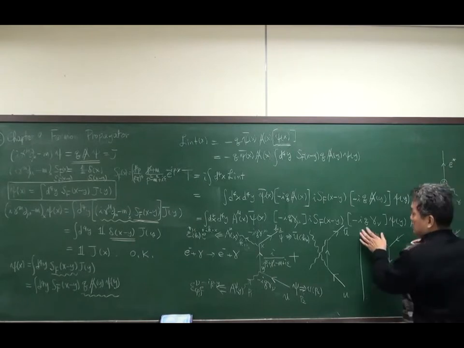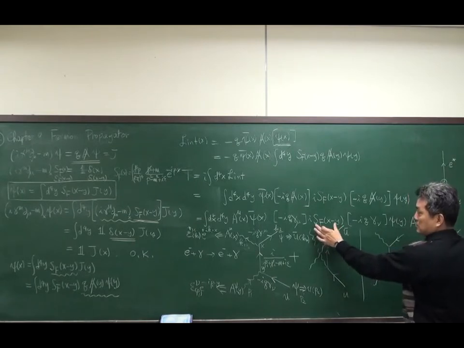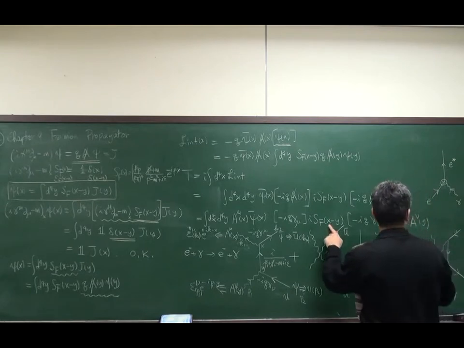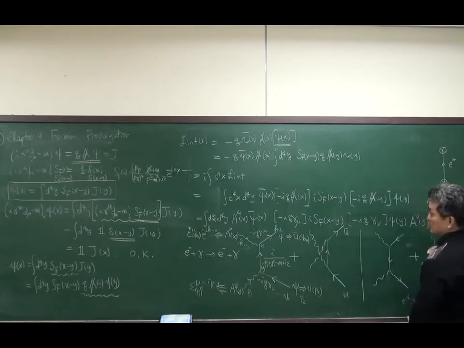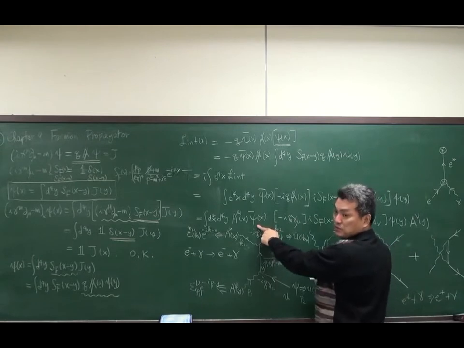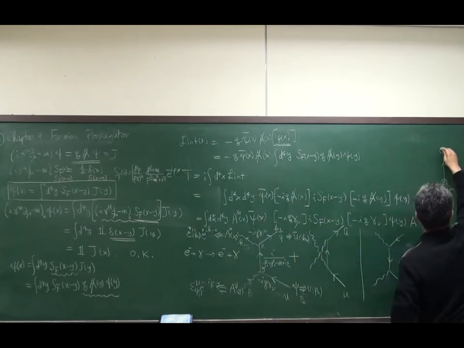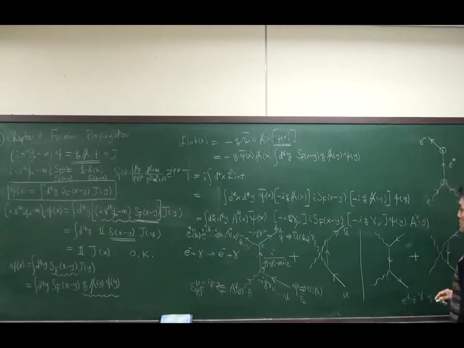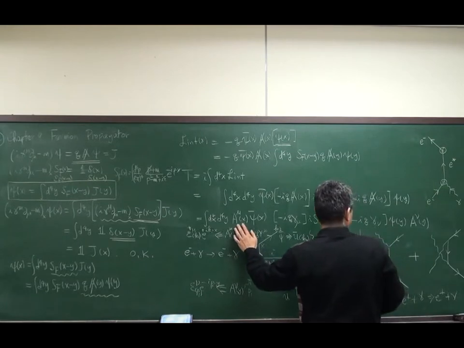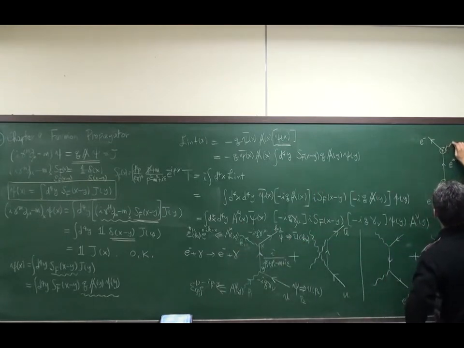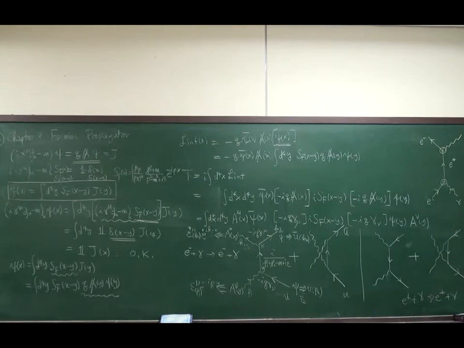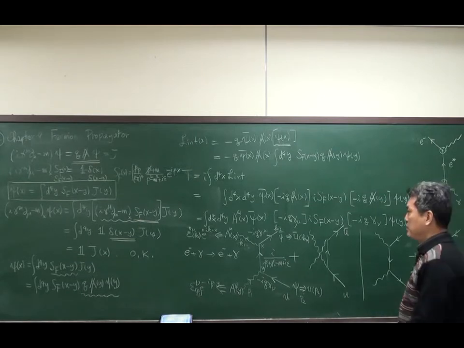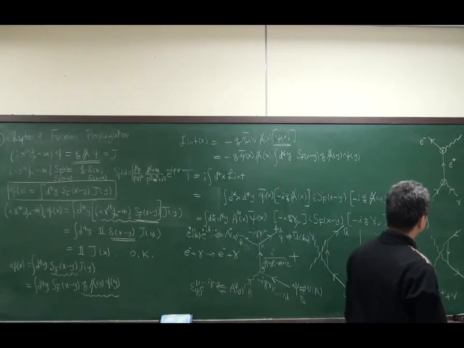And then it propagates with S of F. And at some point x, it becomes a final state of electron, and it is emitting a photon. This is a kind of Compton scattering, but actually we have to integrate over x and y.